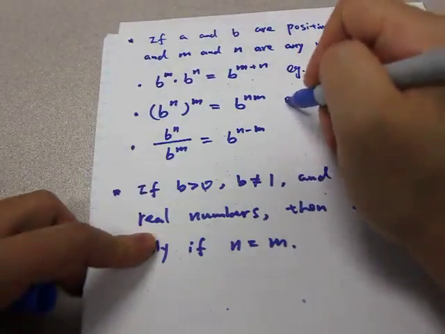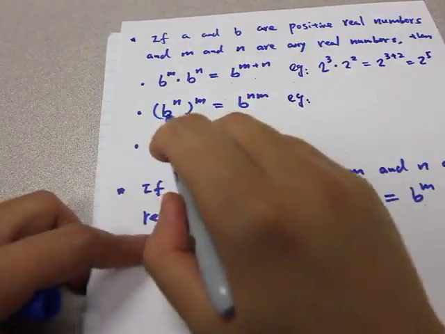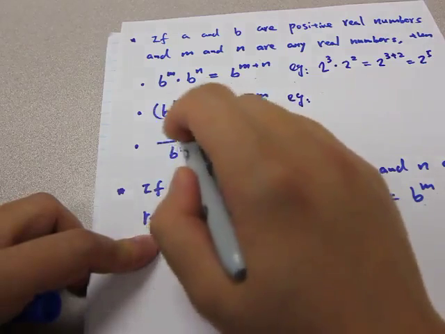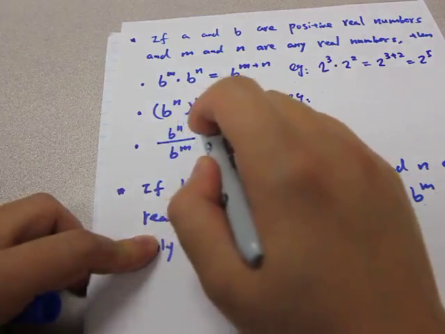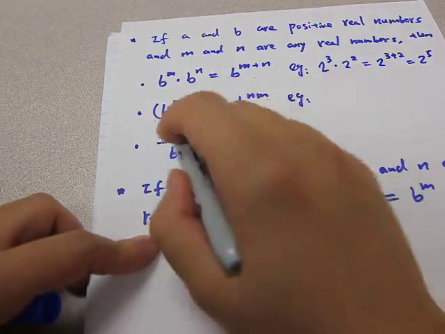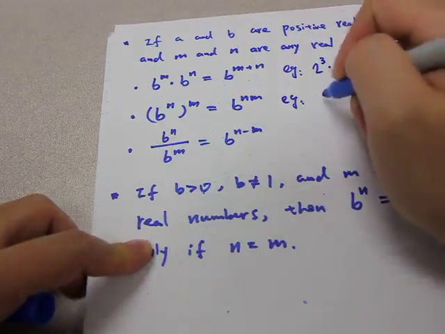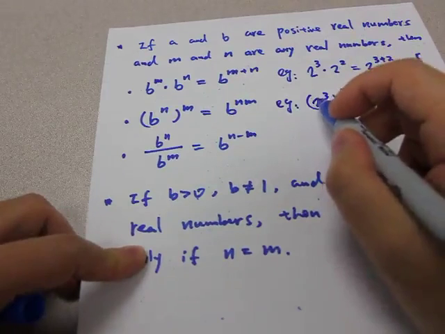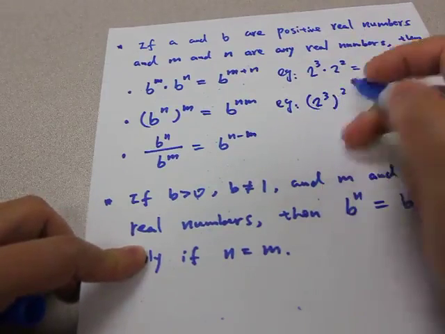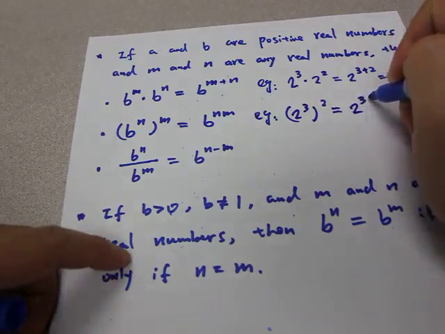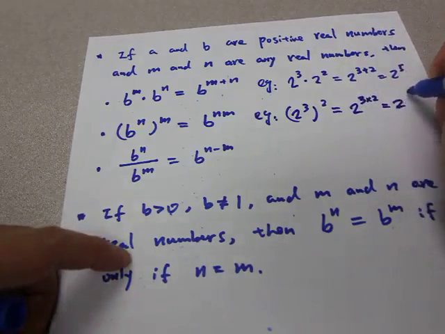The second property is when b raised to the power of n is itself raised to the power of m, this is equal to b raised to the power of this product. So this time, if we have 2 to the power of 3 and then raised to the power of 2, this is equal to 2 to the power of 3 times 2, which is 2 to the power of 6.